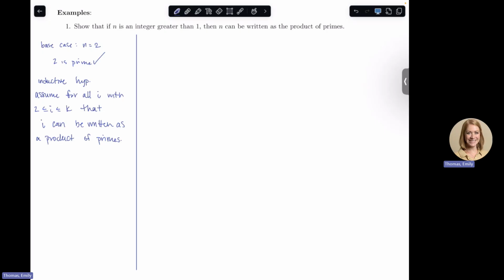So the base case is the same as it was before. For the inductive hypothesis, we are assuming it is true for a whole bunch of I's up to that K that we were using before. We are assuming that each i can be written as a product of primes.